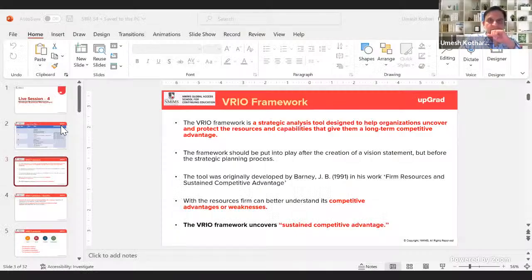All right, so let's kick off our day 4. And today, what we're going to be talking about is a few more frameworks, including the VRIO framework.